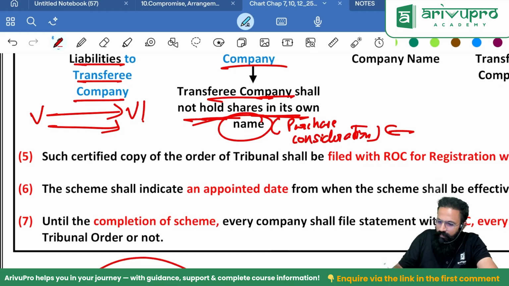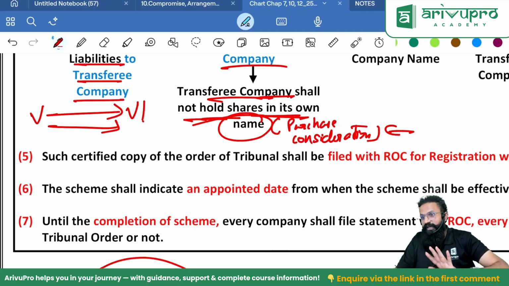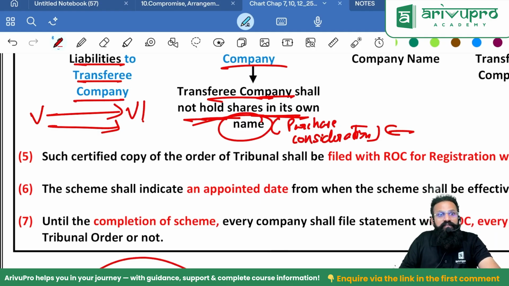Vodafone Idea is getting merged. It should be held in the name of Vodafone Idea. What should be held? Shares. Shares should be held in Vodafone Idea's name only. Idea shouldn't hold shares in the Idea company.